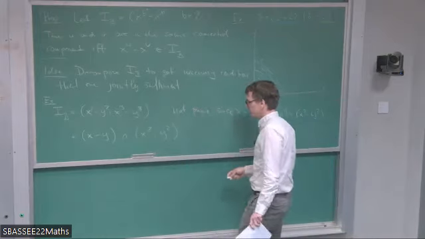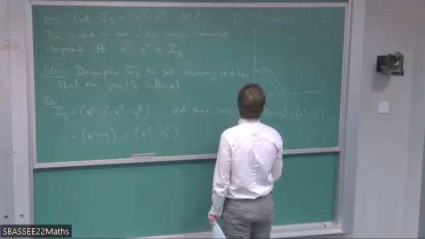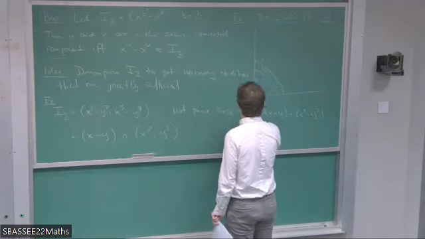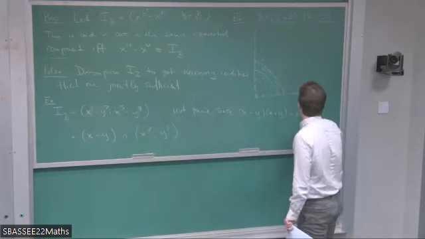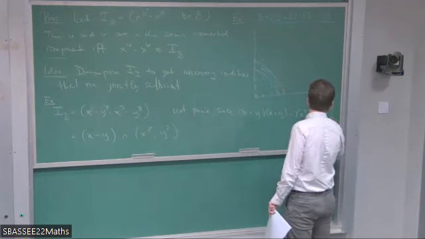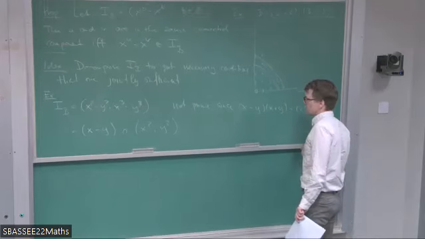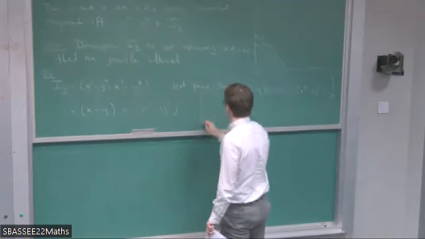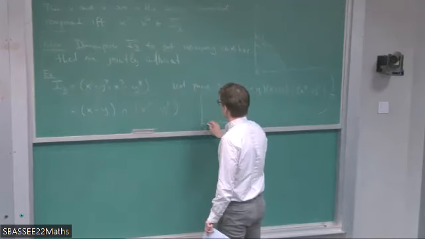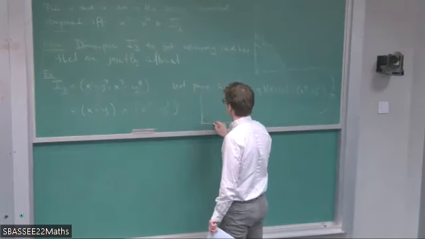But let me draw the pictures. So I'm going to do a computation of pictures. So let's say there's an equation of pictures, and this picture is equal to the following intersection of pictures. So I make the picture for x minus y. It's a very easy picture.